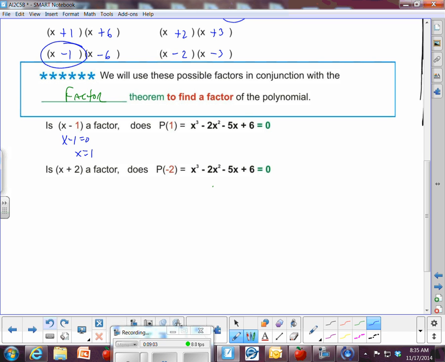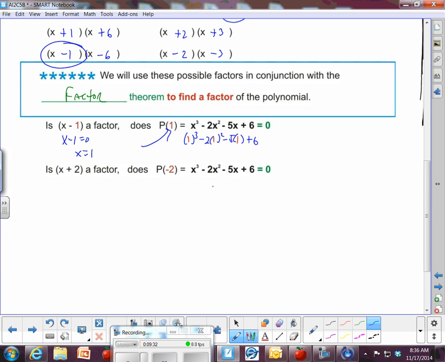So there goes the 1 in for the independent variable. And so let's sub in 1 every place where the independent variable is. Because again, we're trying to find out, does this equal 0?